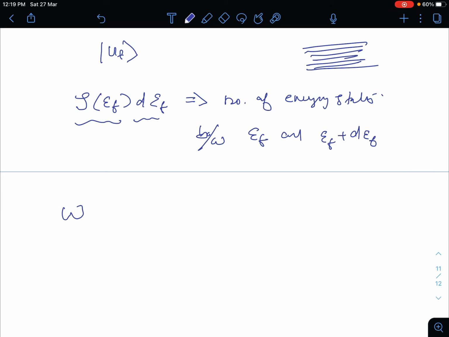Okay, now what is this? Omega IF into rho EF into dEF.